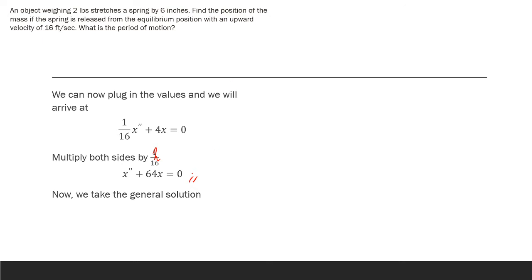Now, we can now take the general solution. So this is second order homogeneous linear differential equation with constant coefficient. So, alam natin that the general solution for this one class is, kasi ang lalabas dito ay imaginary roots. So, we will have x of t is equal to c1 cosine omega t plus c2 sine omega t.